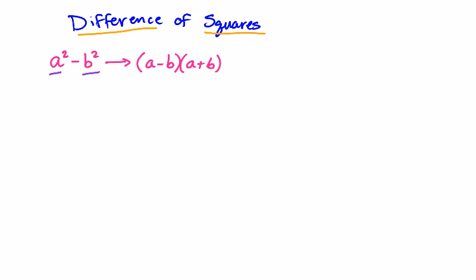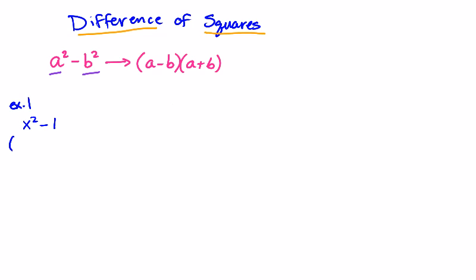Let's take a look at one example. Example 1 is x squared minus 1. Both are perfect squares. To figure out what goes in each parentheses, you just square root each term. x squared square rooted is x, and 1 square rooted is 1.